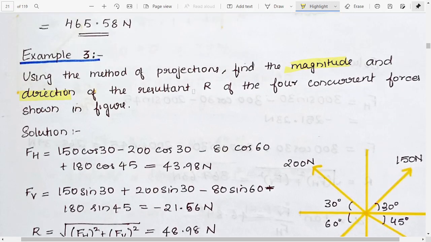We need to find the magnitude and direction of the resultant R of the four concurrent forces. Concurrent means all these forces will originate or end up at the same point. So you can see here they are only meeting at a single point. That is why we are calling them concurrent forces.